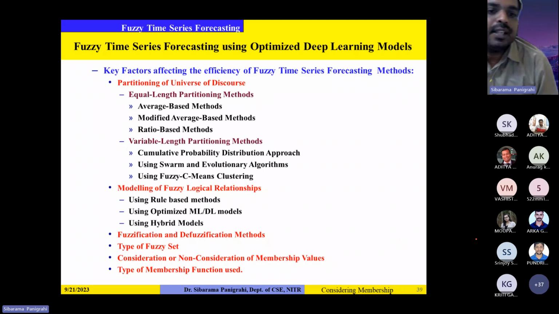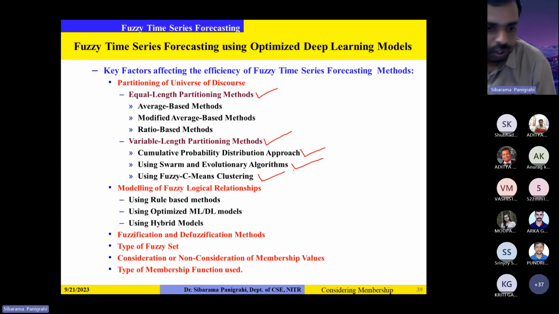One is partitioning of the universe of discourse. It can be done using either equal length partitioning methods or variable length partitioning methods. Equal length partitioning methods are average based, modified average, and ratio based methods. Variable length partitioning methods are the cumulative probability distribution approach, using swarm and evolutionary algorithms, and fuzzy C-means clustering.